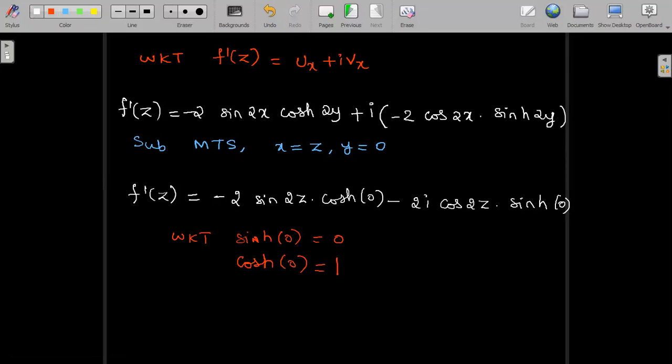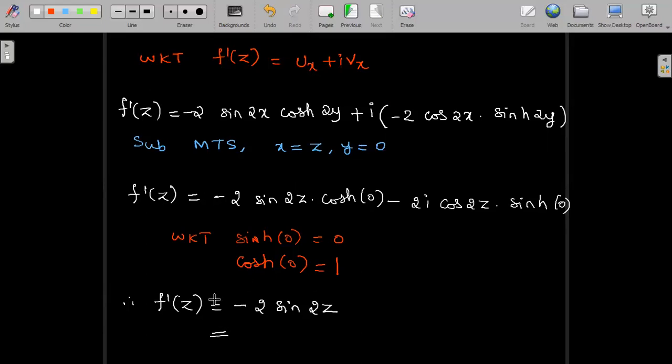So using those values, we have f dash of z is minus 2 into sine 2z. Cos hyperbolic 0 is 1, so this remains to be minus 2 sine 2z. Since sine hyperbolic 0 is 0, the entire imaginary part vanishes. So this is the required derivative.